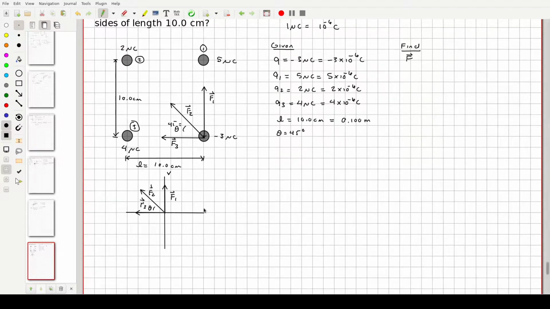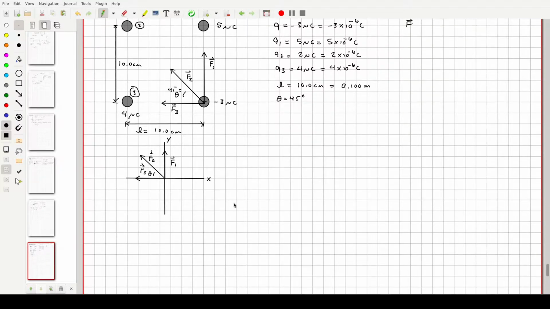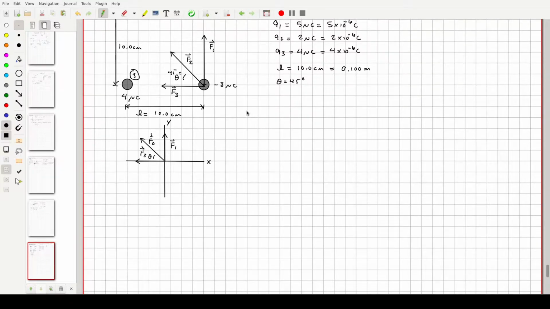So this is y, this is x. I'm going to sum up my forces to get the net force, which I'm just going to call F. 1, 2, and 3. Now, let's talk about what's going on in the x direction.